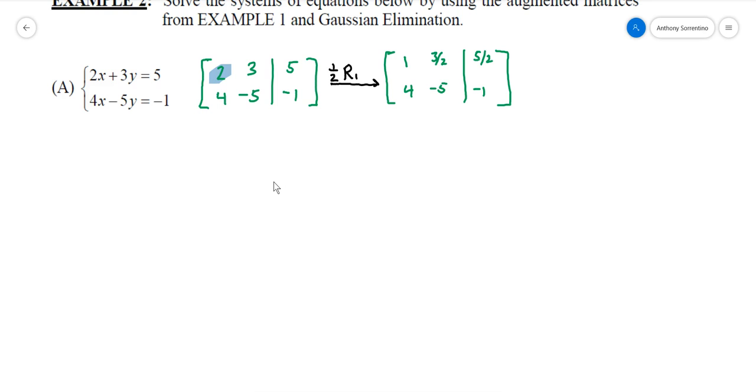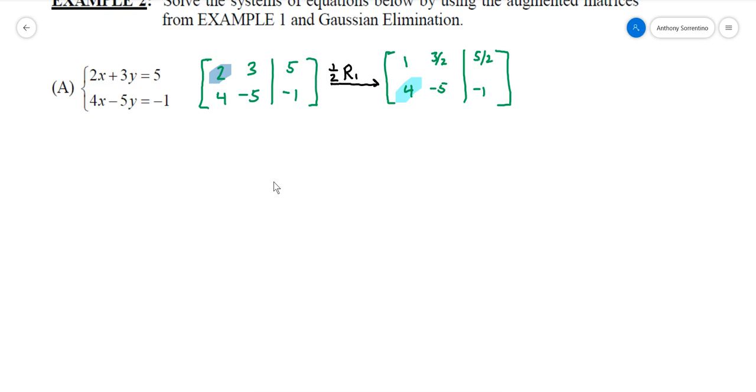The next thing I want to do, maybe use a slightly lighter color here, is I want to establish the 0 here. Well, I'm not going to be able to multiply or divide to get to that 0. Certainly doing a row swap is not going to put a 0 down there because I only have a 1 in the first position on this top equation.